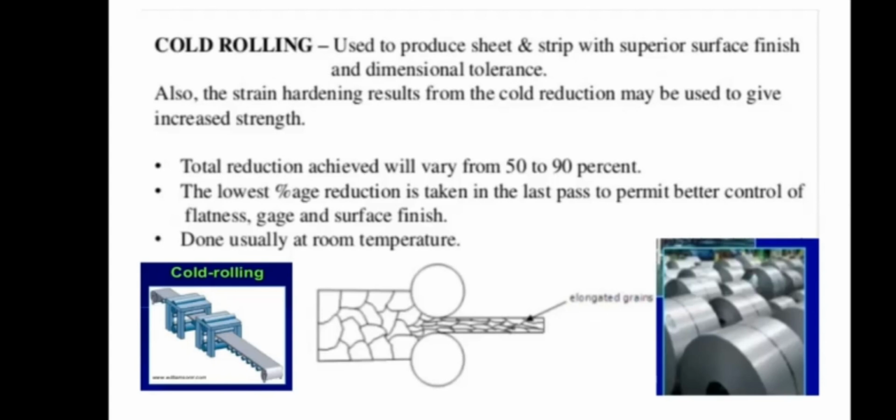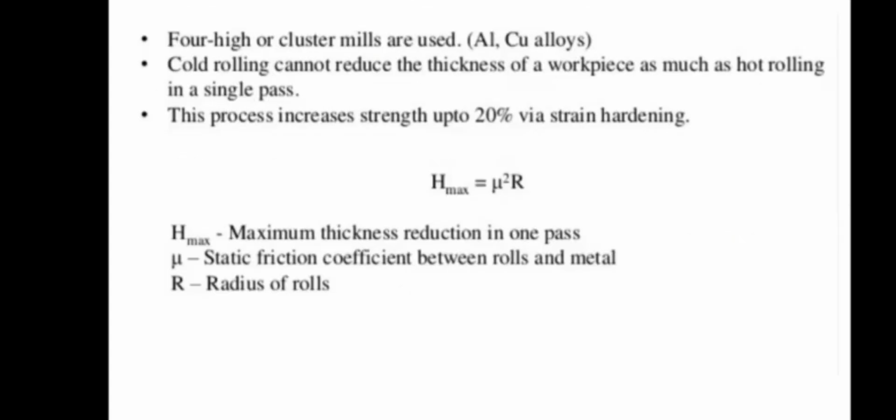Cold rolling is used only for finishing, not for reduction of thickness as in hot rolling. Cold rolling increases the strength up to 20% via strain hardening.